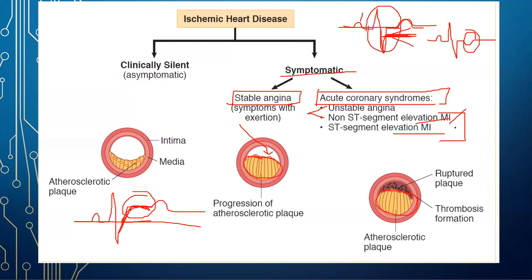When there is still a little amount of blood flow, and it's not infarction or necrosis of that particular muscle, then it could be unstable angina. Any question, guys, so far?